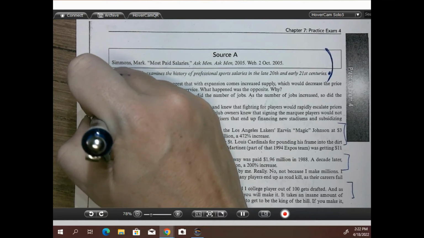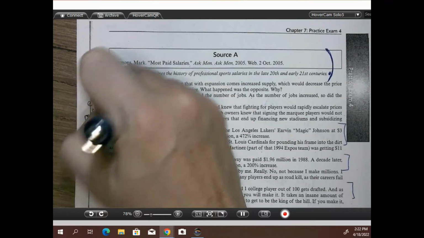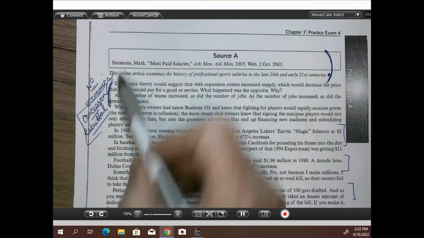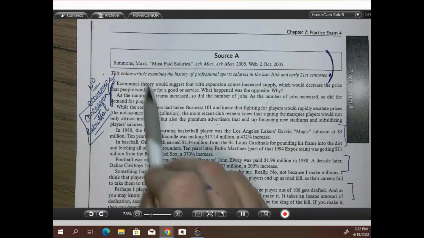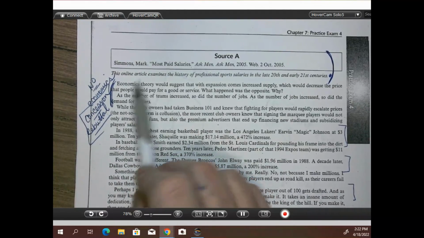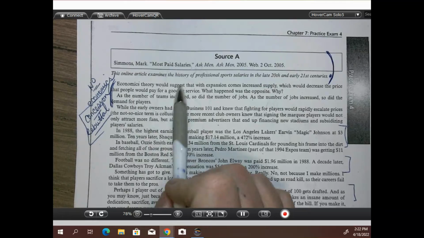And they are using it as a hook because what they're saying is, hey, other people say, here's how it looks like salaries are just a matter of economics. It's supply and demand. So it sets that up.